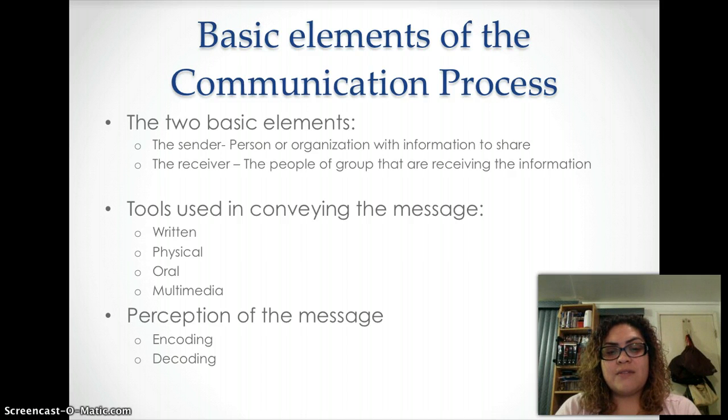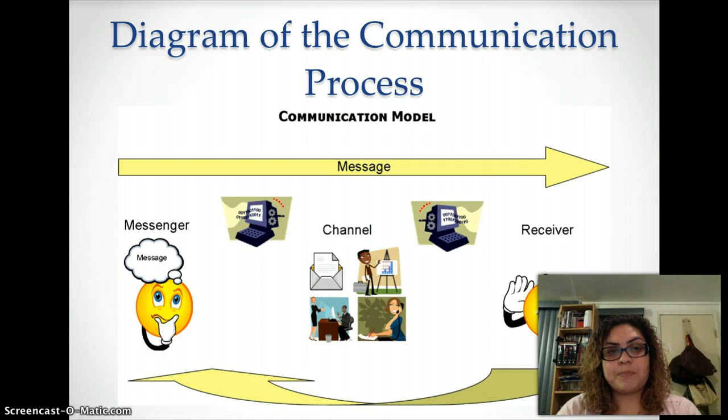And the perception of the message, this is where the encoding and the decoding come in. This here shows a small diagram of the communication process. Basically, you have your messenger, which is the company, the advertising company, for example. The message are the ideas and the thoughts that are trying to be conveyed, and they get encoded into a particular print or a particular message.